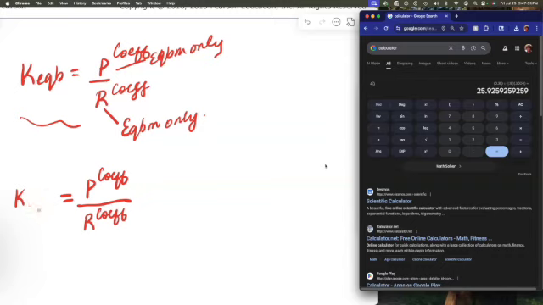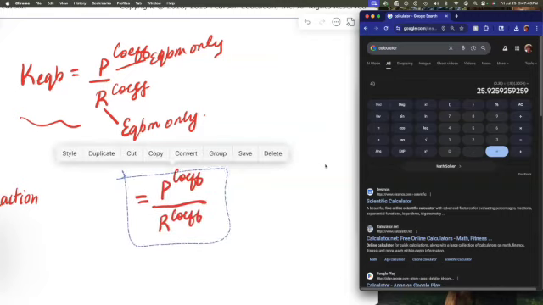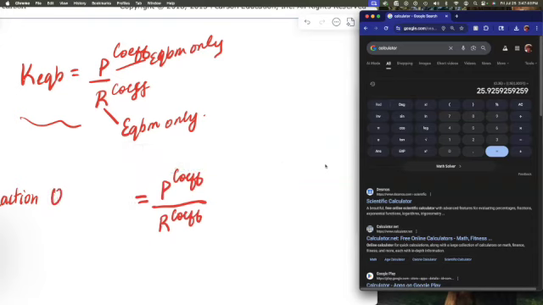If you change this right here and call this reaction quotient. Oh, how do I move this over? Okay, hold on. The same formula. I know you're seeing the same formula and call it the reaction quotient.